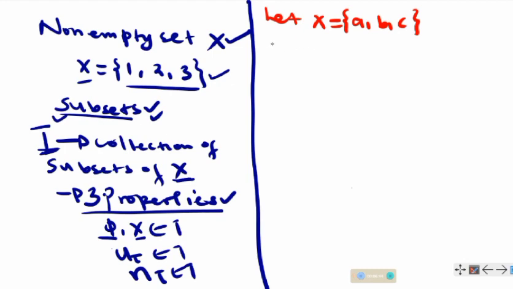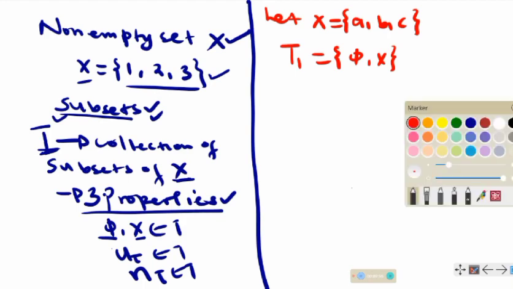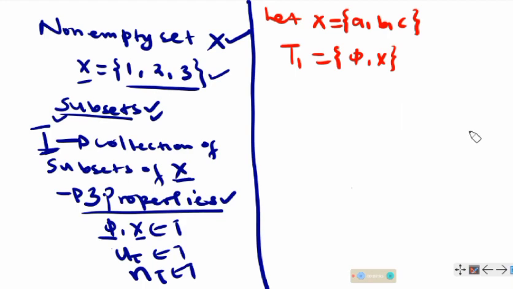Now, let us consider some collections on X. For example, T1, consisting of the empty set and X itself. So we have those two elements making up T1. T1 is a collection of subsets on X. Now we need to tell whether T1 is a topology on X, and as we said, T1 will be a topology on X if it satisfies our 3 properties.